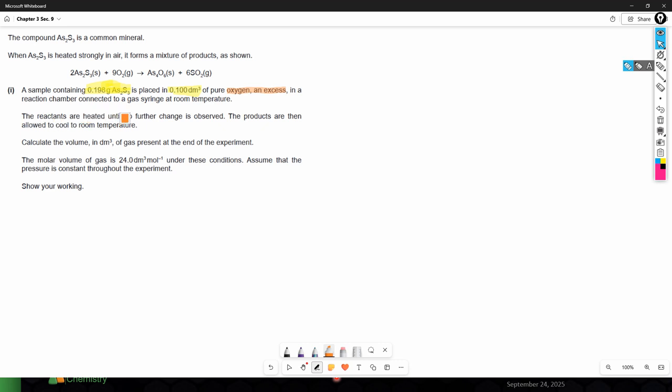The reactants are heated until no further change is observed. So this is important because no further change is observed means that we have reacted as much of this as we're going to react. And because we know that the oxygen is in excess, what this tells us is that the As2S3 was completely reacted.